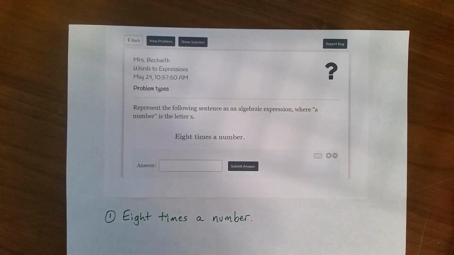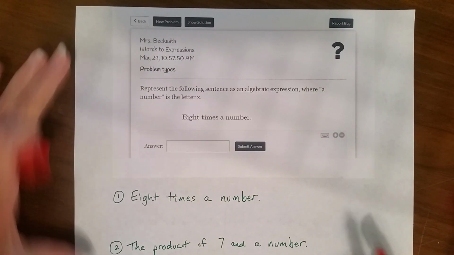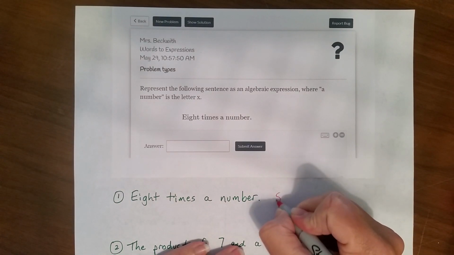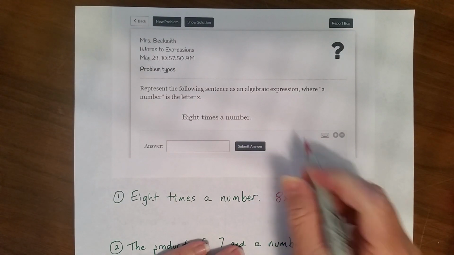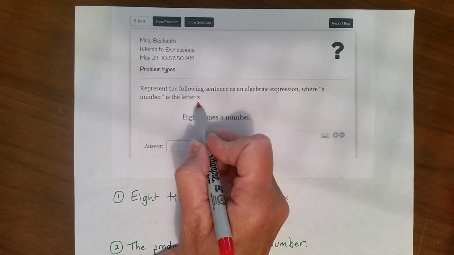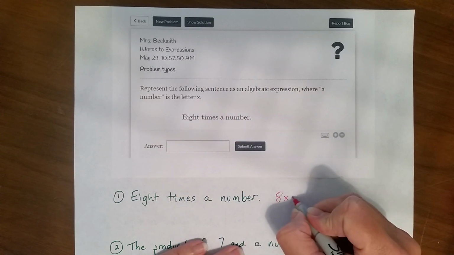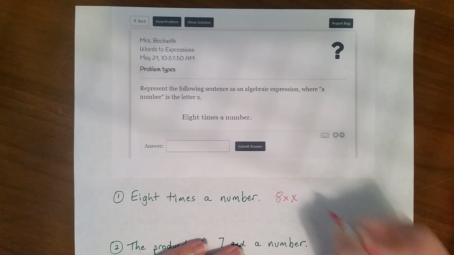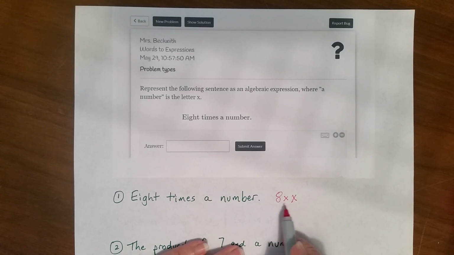Now we know that 8 times a number is, let me find a marker. Here we go. 8 times a number. We could write 8 times, and notice they want us to use the letter x. So we could write 8 times x. Notice how that looks a little awkward.